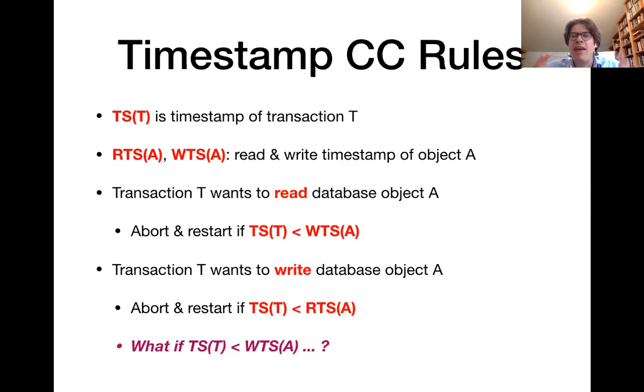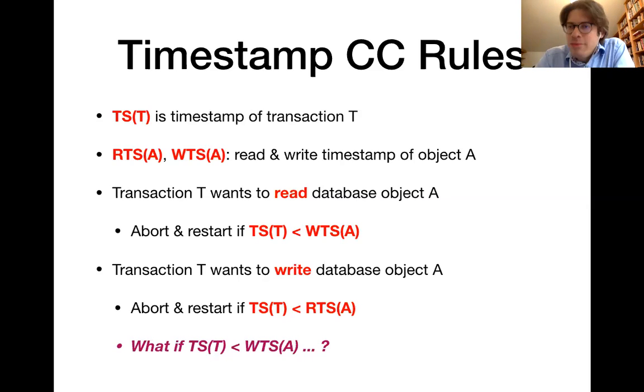Now, if a transaction wants to read some database object A, we have to abort and restart the transaction if its timestamp is smaller than the write timestamp of the object that it is trying to read.